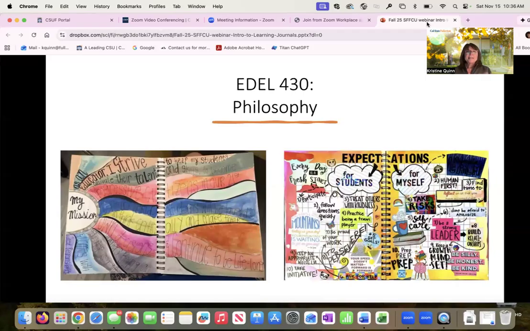Here's two different ways that students in our foundations class created and responded to the prompt to create a teaching philosophy. You can see on the left-hand side that they used watercolors here.